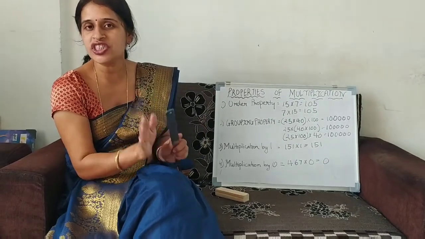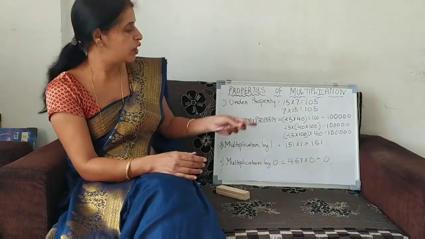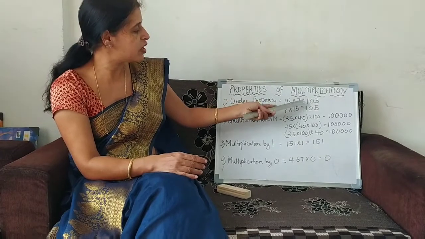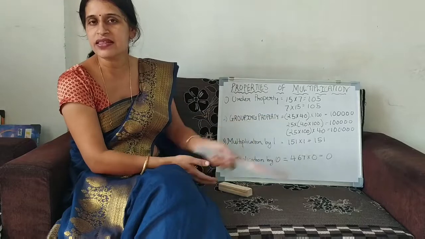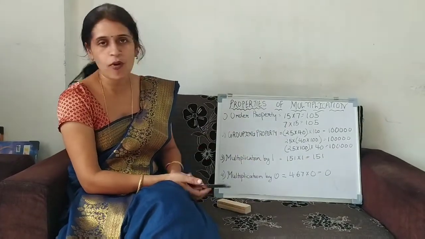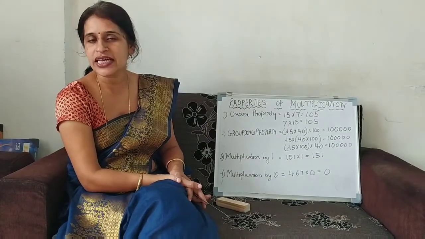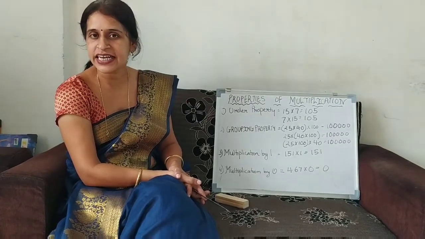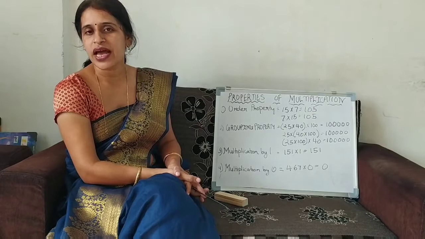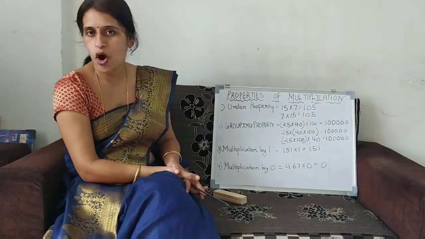There is no change in the answer. You can write 15 into 7 or you can write 7 into 15. The answer will remain the same. This order property is known as your commutative property. Is it clear? This property is known as your commutative property.